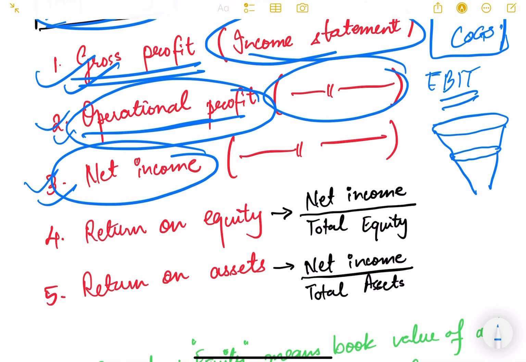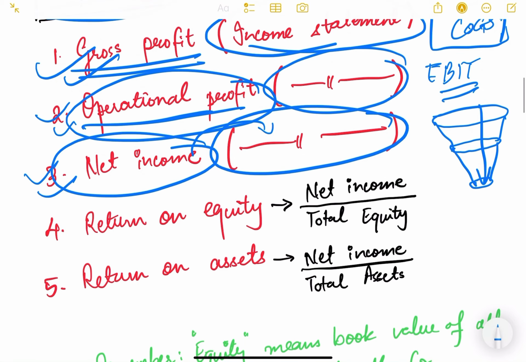Then if you further reduce something, your net income becomes this. So you are narrowing down the indicator to look at the different kinds of health of the company. Net income, again, you obtain directly from the income statement. We don't need to go deeper into this now because we already discussed it in the income statement. You can go back and watch that video.